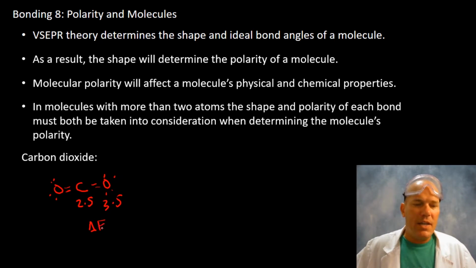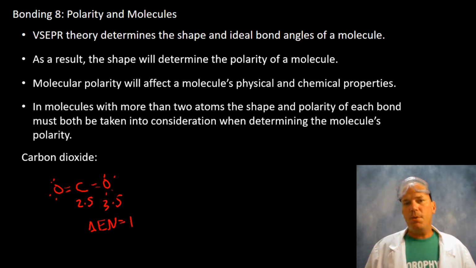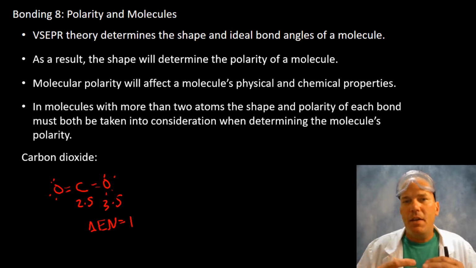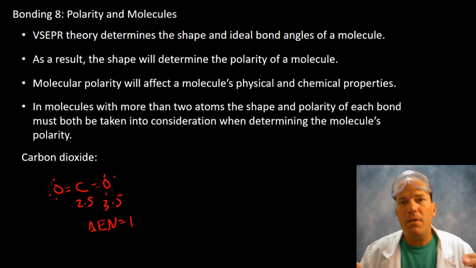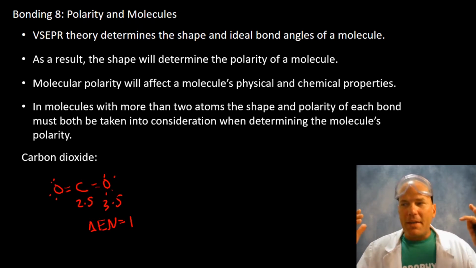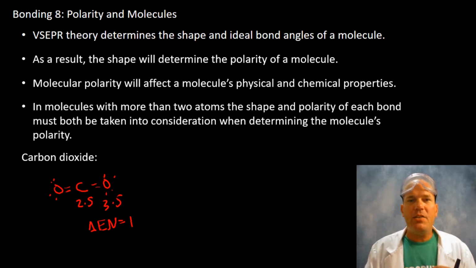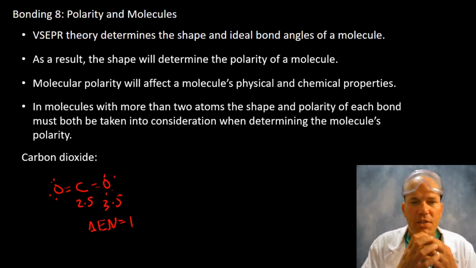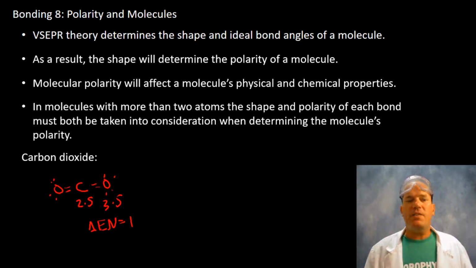So a delta EN for each of these bonds is equal to 1, which puts us into the polar range if you're using the scale at the bottom of your electronegativity. But now we need to take into consideration the overall shape and how that would influence it.